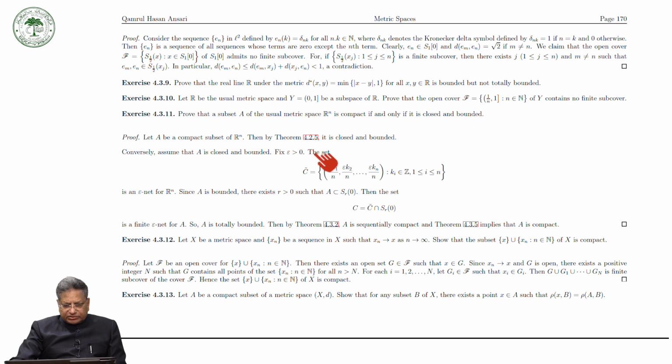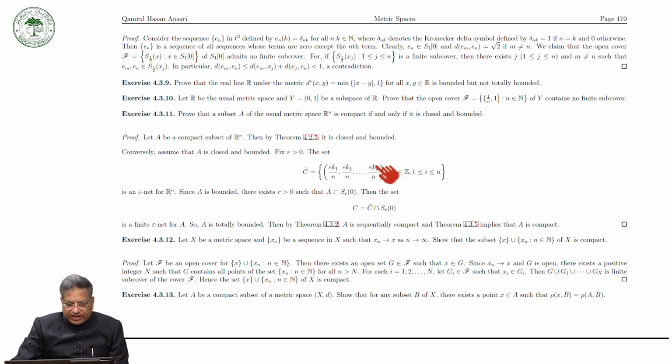But for the converse, assume that A is closed and bounded. Then fix epsilon greater than 0 and set C tilde equal to the set of points (epsilon k1/n, epsilon k2/n, ..., epsilon kn/n) such that the ki are integers, for i from 1 to n.